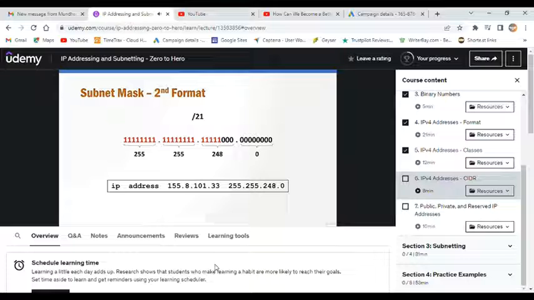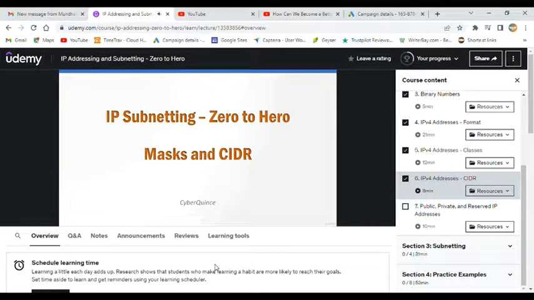So this is what configuring an IP address with a /21 mask would look like on, for example, a Cisco router. All right, that would be it regarding CIDR. As I said, we're going to practice some more, so don't worry, just continue to the next lessons and hopefully things will start clearing up.